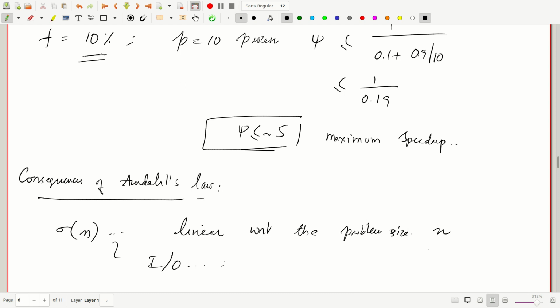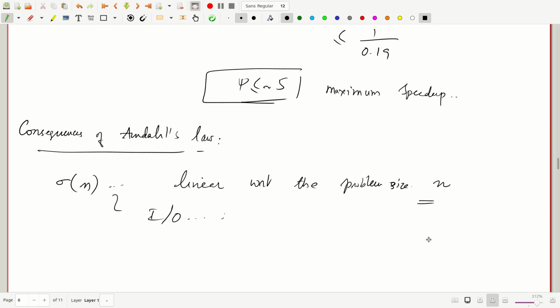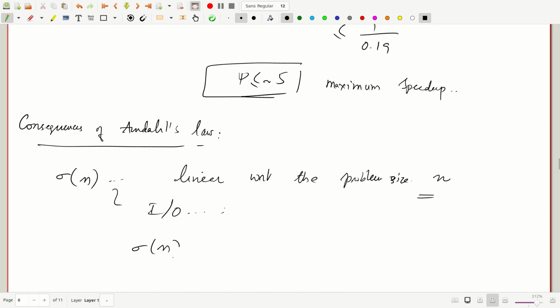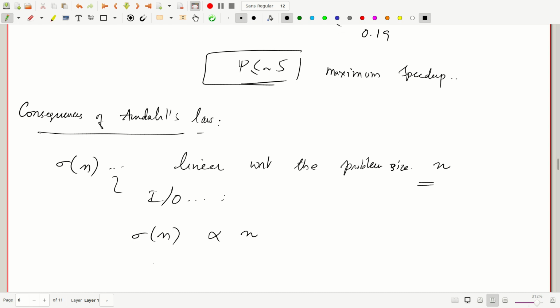So this can be treated as linear with respect to n. That means we could come up with a model for the sequential part. So let us say sigma n equals a n plus b. As the problem size increases, your sequential part of the computation also increases, and it only increases linearly.